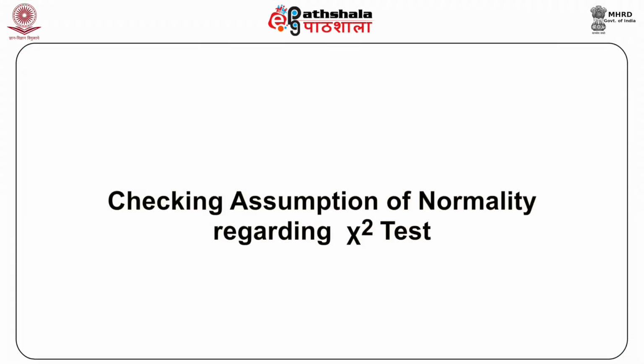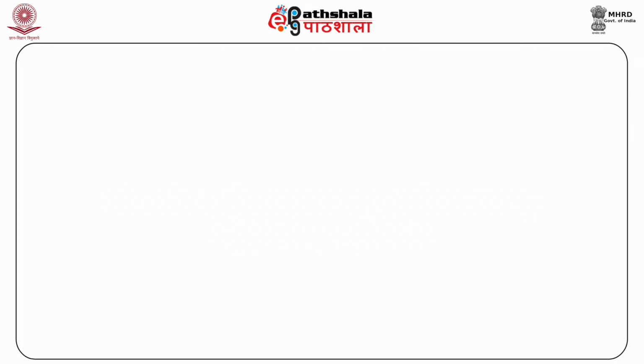Check the assumption of normality regarding the chi-square test. In our earlier modules, we learned that many distributions such as the t distributions are based on the theoretical requirement that the population sampled must be normally distributed. Similarly, the chi-square test on a single population variance, sigma 0 square, is also very sensitive to the assumption of normality.